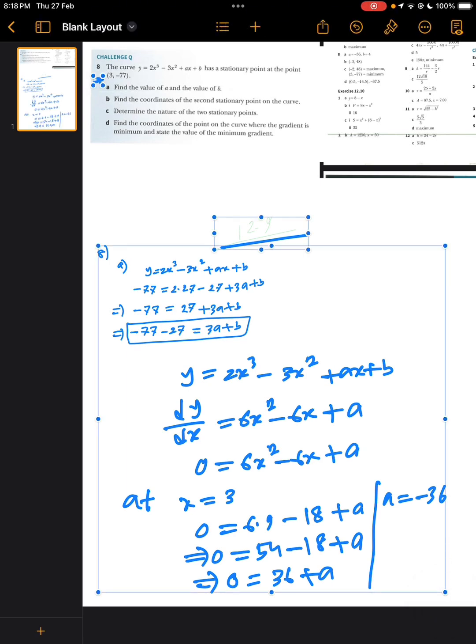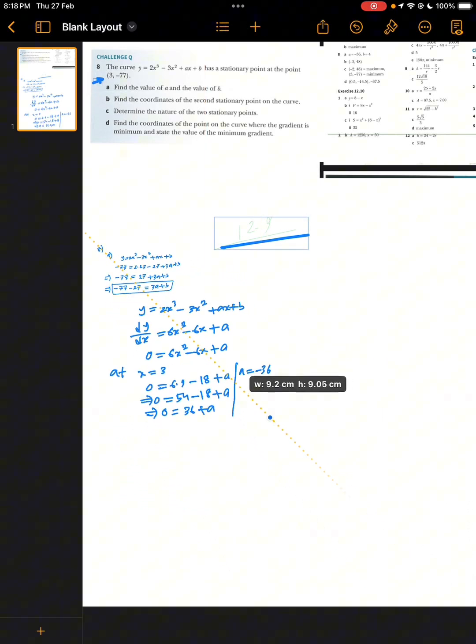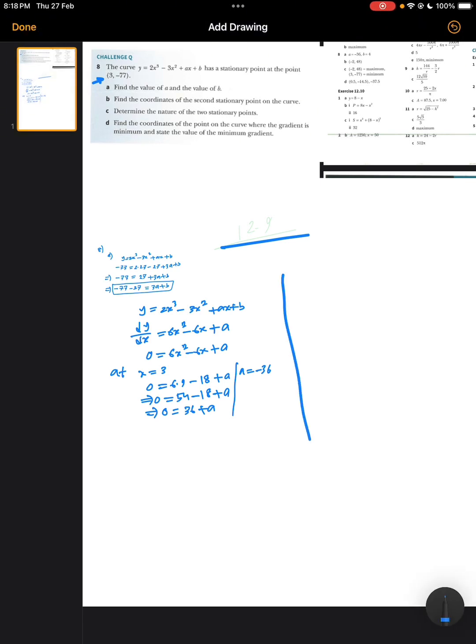If a is equal to minus 36, then I have to substitute the value. So -77 minus 27 equals 3 times -36 plus b.